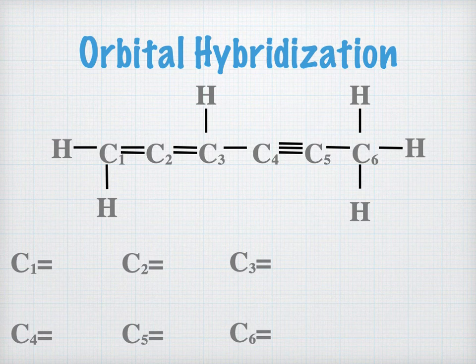And so you're going to look at it in terms of double bonds and triple bonds, and how many p orbitals need to be unhybridized to figure out how many p orbitals are going to be hybridized. So you should take a second and draw this molecule out on your paper. Write down C1 to C6, and then you should go through and see if you can predict the hybridization. So go ahead and pause the video and do that, and then when you come back, we'll go over the answers.